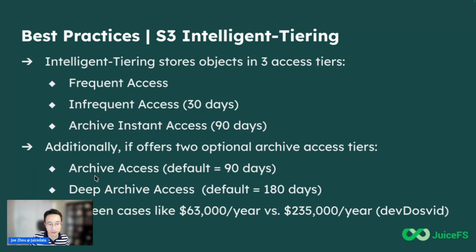For example, if you enable archive access and you use the default, then the archive instant access tier is skipped, because once it reaches 90 days, you go down to the archive access, just as an example, right? So when that's the case, your data can potentially fall into these two tiers if they're enabled, where restoration is required, which means in order to read, you need to restore first, and then you read.